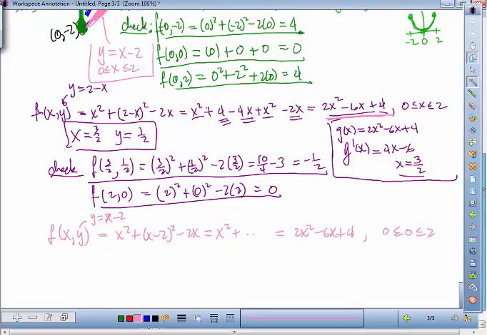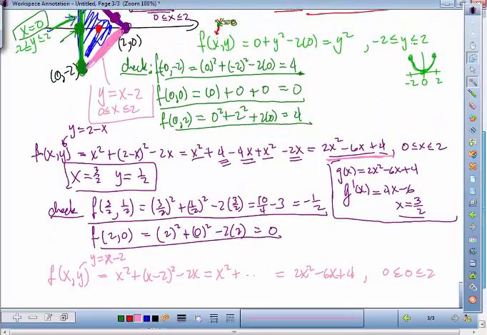And since we know from our analysis that we get a critical point, maybe I drew that line too thick.